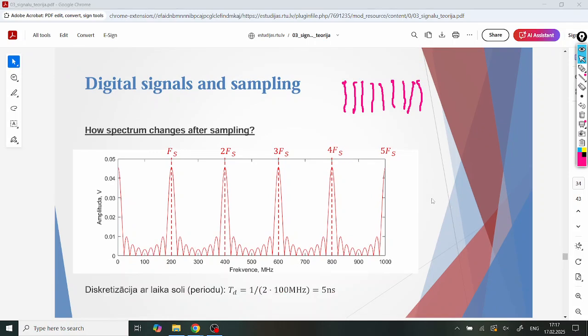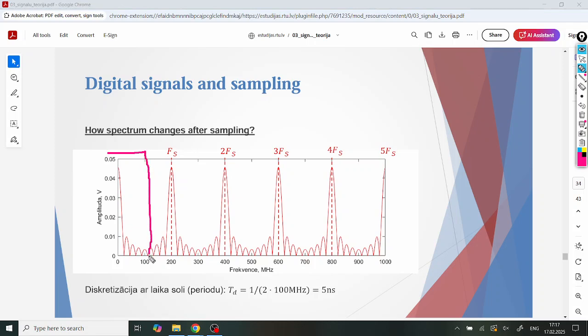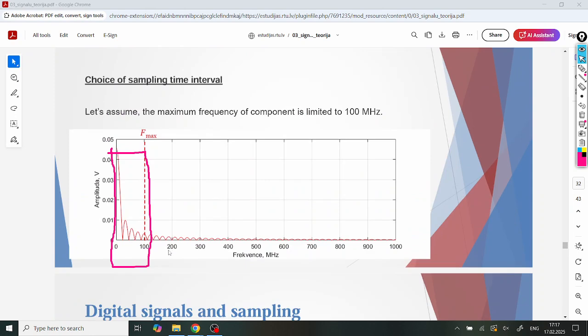What happens here is, to understand that, we need to really focus first on some fragment of it. So let's focus on this 100 megahertz band first, this part. If we compare how this part looks for the discrete signal and for the original signal, it's the same.